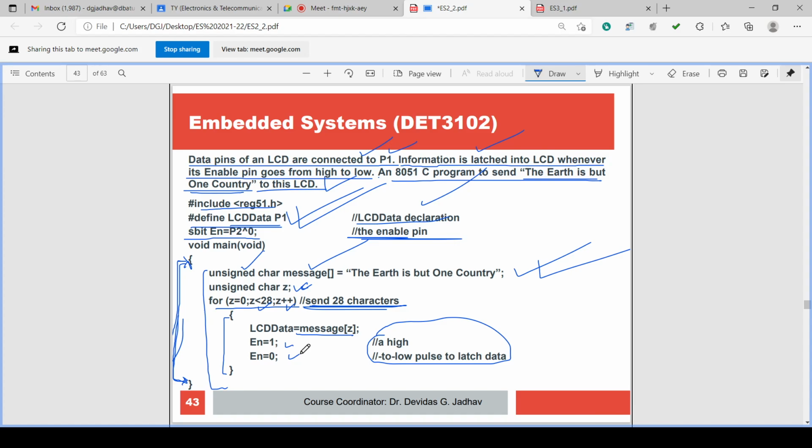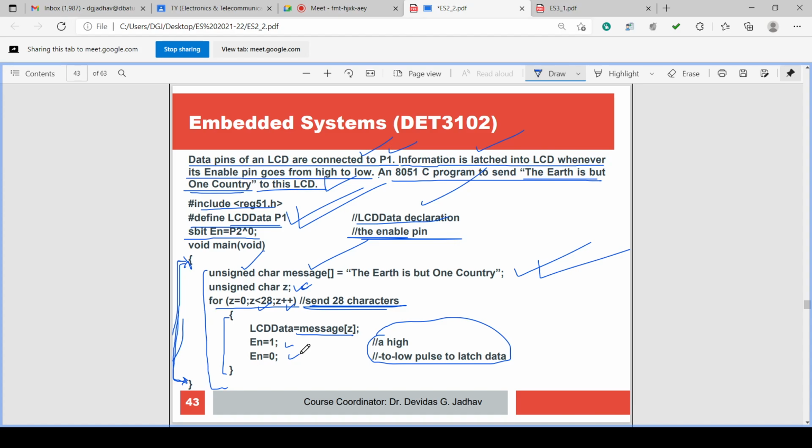LCD data equal to message[z] केला म्हणजे LCD data म्हणजे P1 पोर्ट वर मेसेज मधला 0th कॅरेक्टर द मधला T हा कॅरेक्टर पोर्ट 1 वर कनेक्ट झाला किंवा अलॉट झाला आणि एकदा तो पोर्ट 1 मध्ये आउट झाला तर त्या पिन्स कनेक्ट कशाला केलेले आहेत एलसीडी मॉड्यूलला सो इट इज कनेक्टेड टू एलसीडी मॉड्यूल.